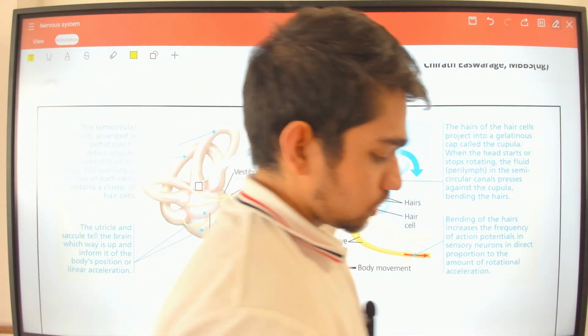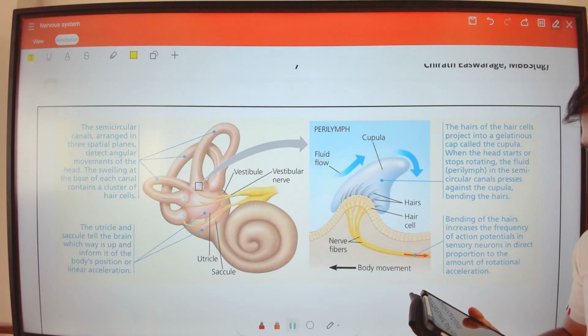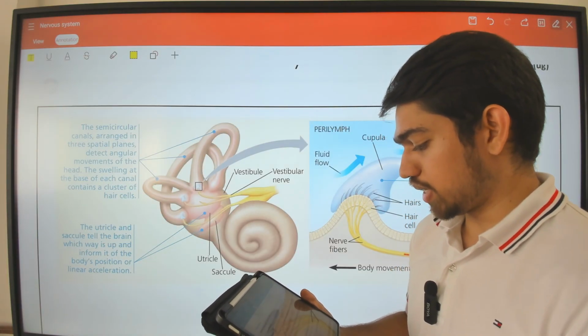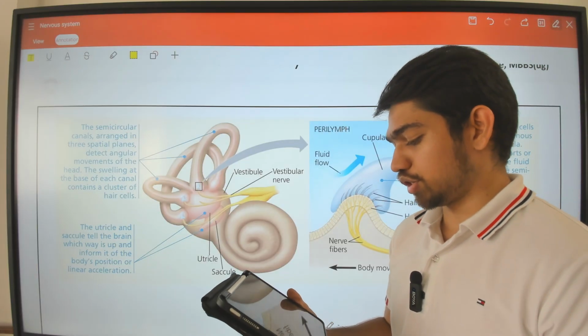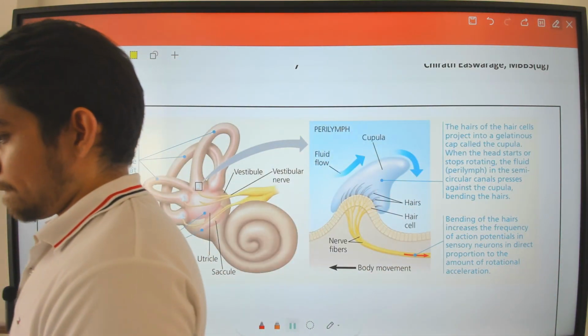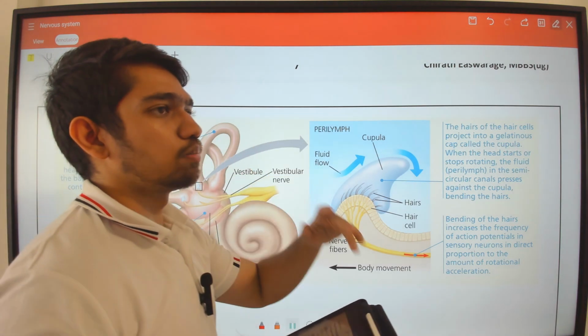There are calcium carbonate particles which are called otoliths. When the head is tilted, they press on the hairs projecting into the gels, bending the hair bundle. These deflections in the hair cells cause membrane potential changes which are transmitted as nerve impulses. So at the end, it is these calcium carbonate otoliths that detect the head movement.